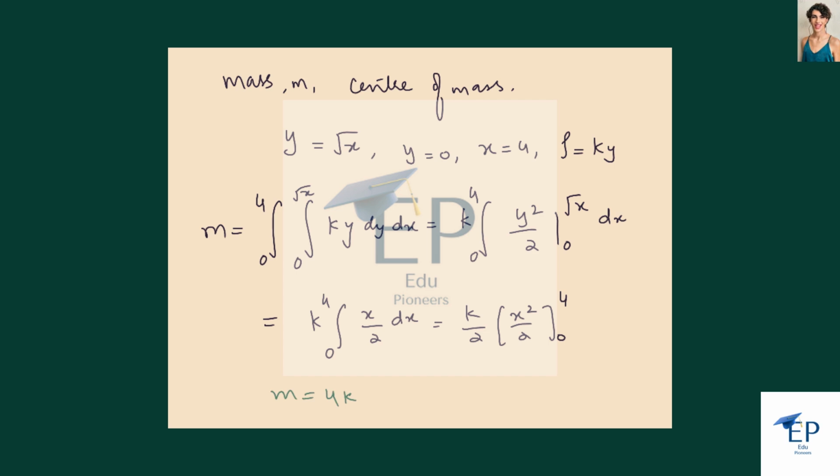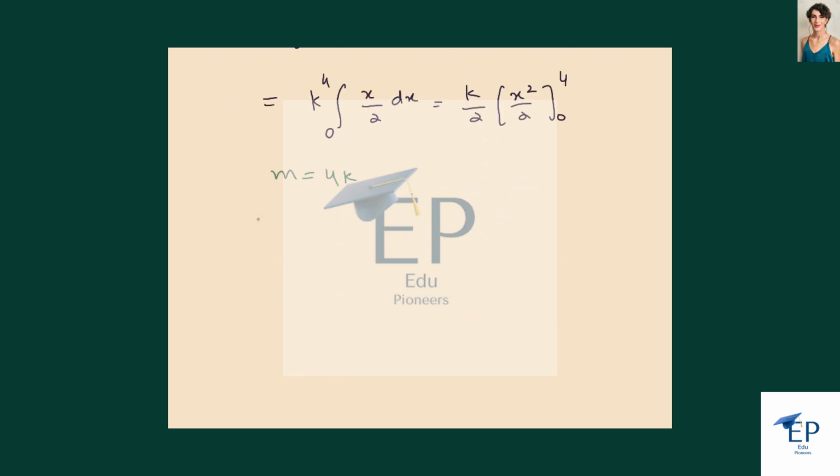Further, solving for the center of mass, we find the value for Mx first. That will be equal to the integration from 0 to 4, integration from 0 to root x, of ky times y, dy dx. Integrating y squared with respect to y, we get k times y raised to power 3 by 3, limits from 0 to root x, dx.